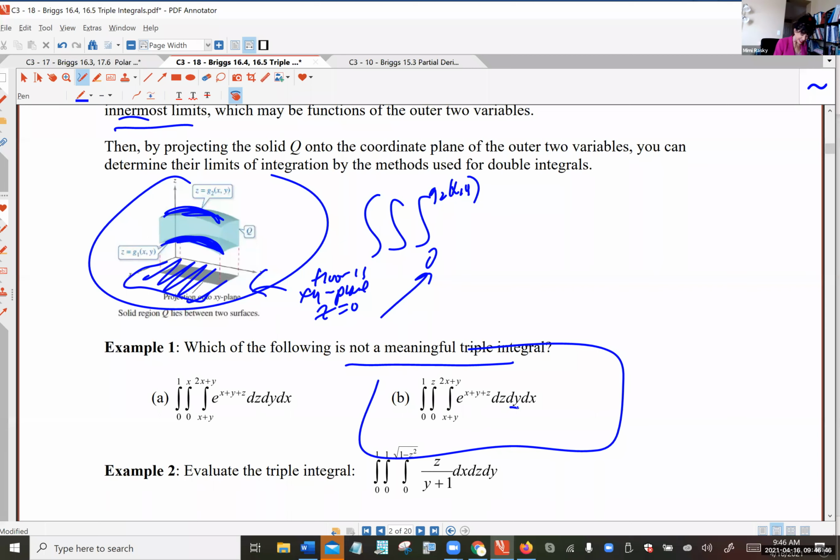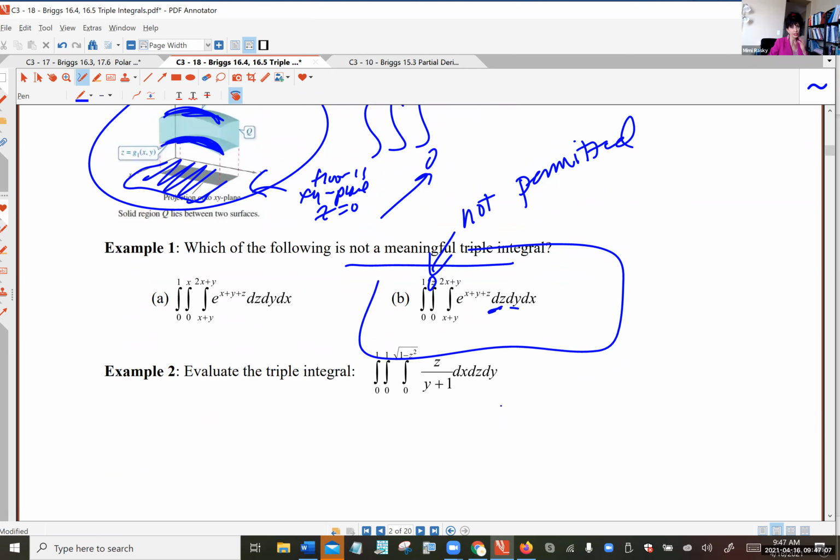Yeah, for the limit? Exactly. The innermost integral, there's a z there, not permitted. Why not? Because you already integrated with respect to z when you did the innermost integral, which means z isn't even allowed to be a limit after that point. Forget it. So that's not a meaningful triple integral. It's trash. This one is fine. This one's totally okay. This one's bad.